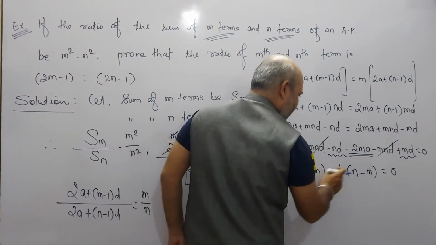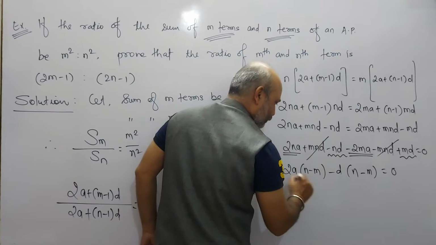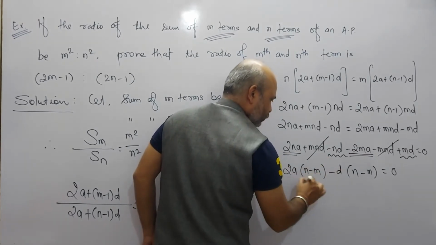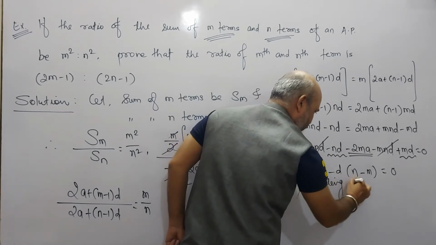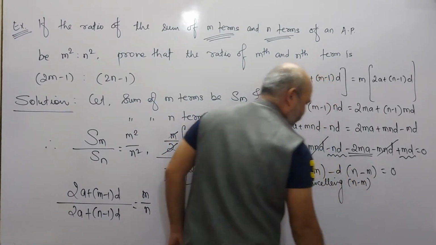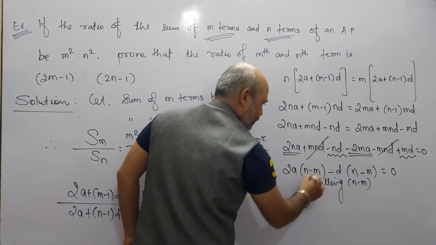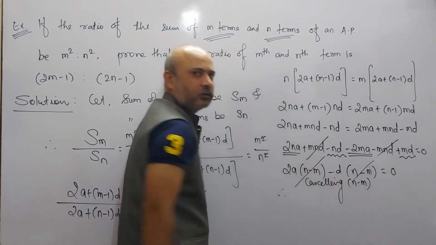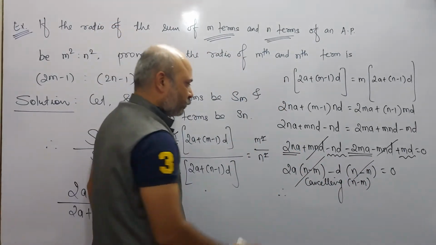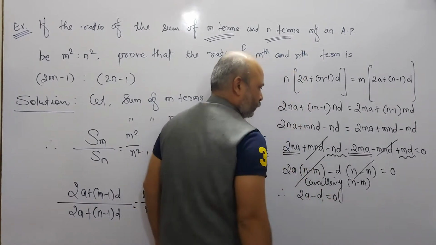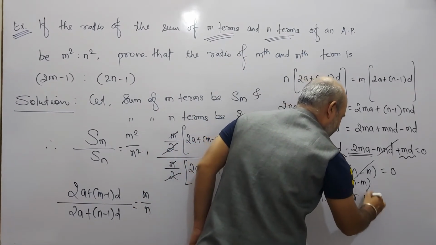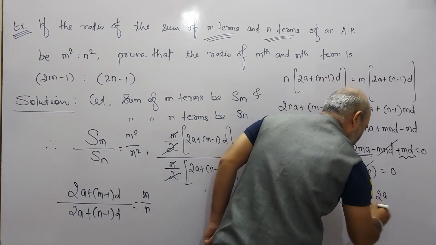Now you will cancel n minus m. So when you cancel out n minus m, what will you get therefore? This n minus m is cancelled out. Okay. So you will get what? 2a minus d is equal to 0, or d is equal to what? 2a.